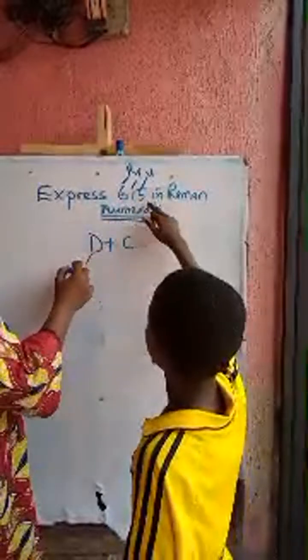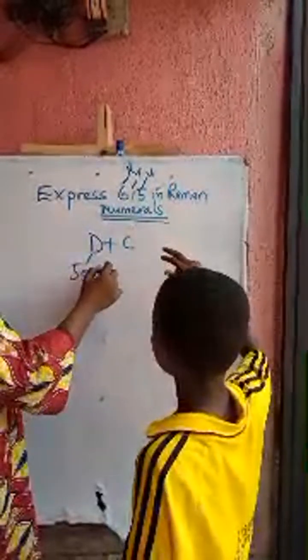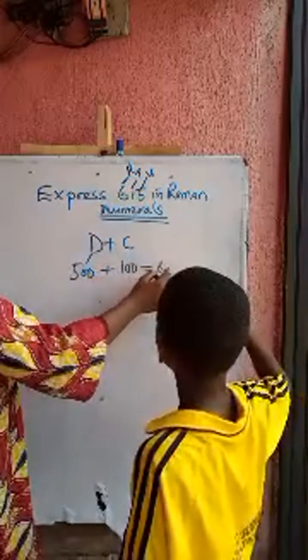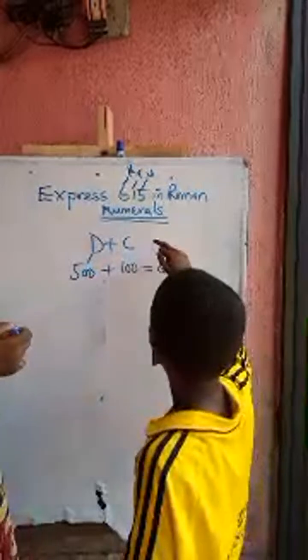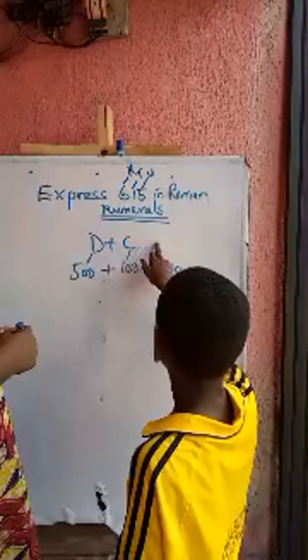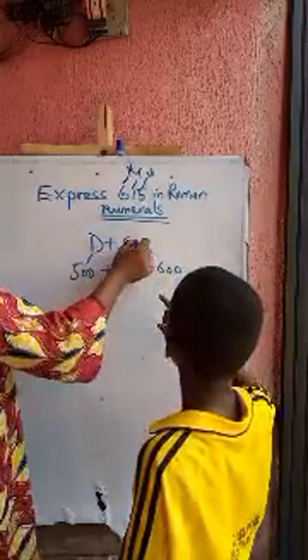Then 15. We put the D and C together so that it becomes DC.